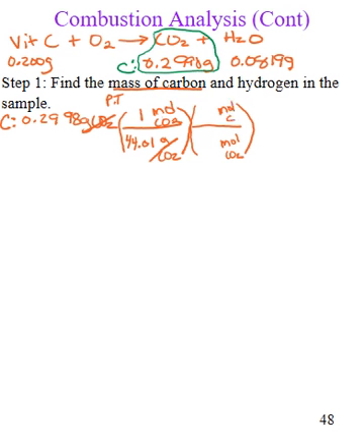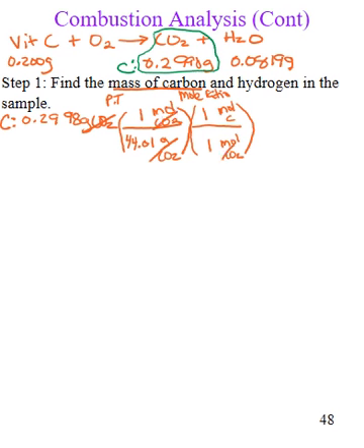The reason why I can do that is because of the mole ratio. It's saying for every 1 mole of carbon dioxide, for CO2, how many carbons are there in CO2? Only 1, so it's a 1-to-1 ratio. If I went into moles of O2, then it would be a 2 because there's 2 oxygens there.